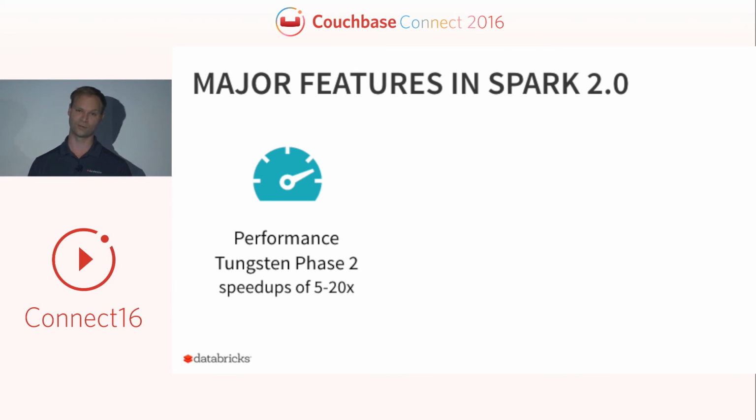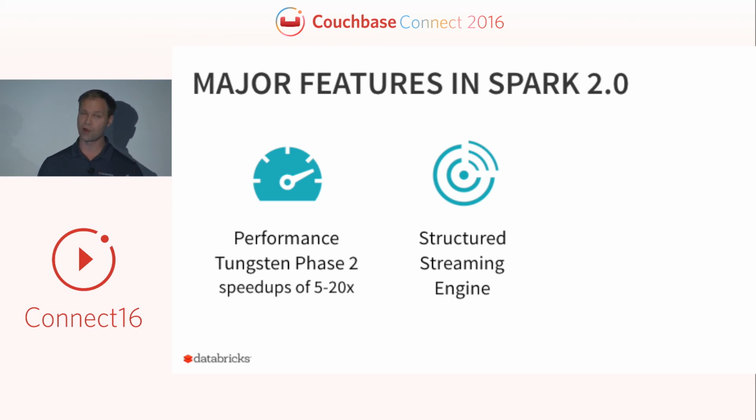I've worked with customers that have gotten 10 times faster performance from the same queries that they were running on Spark 1.6 libraries. And this is because Tungsten allows us to manage memory off heap and take more of the things that were being managed within the JVM outside, and do things faster using less memory.